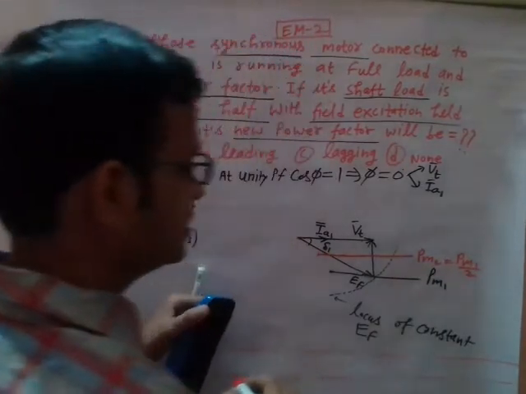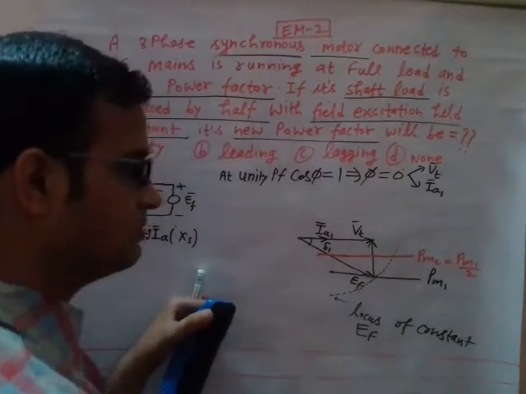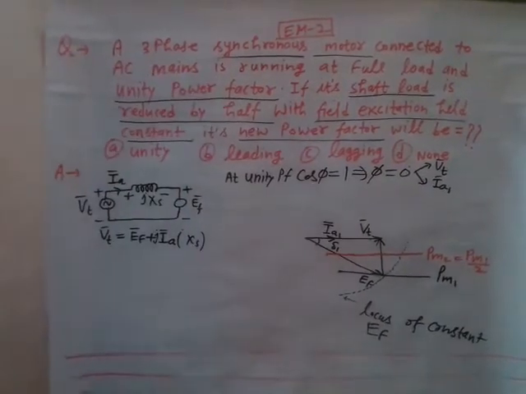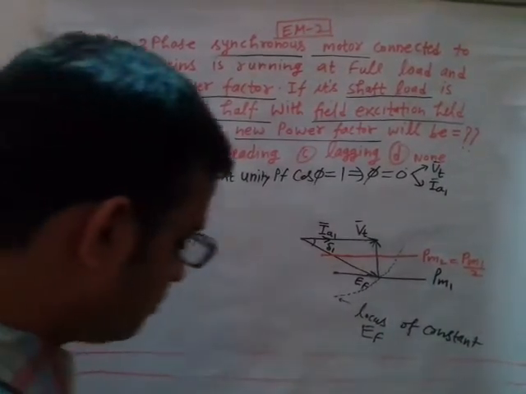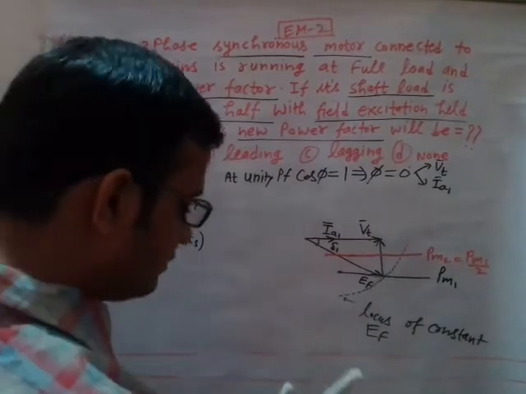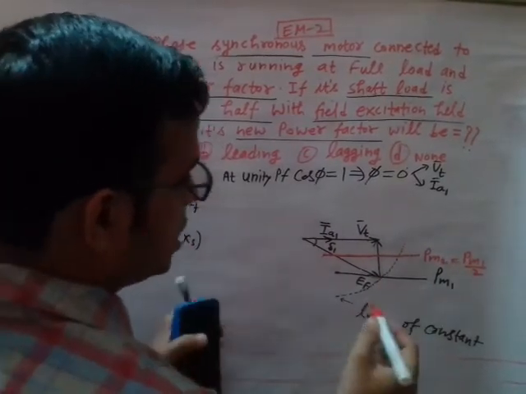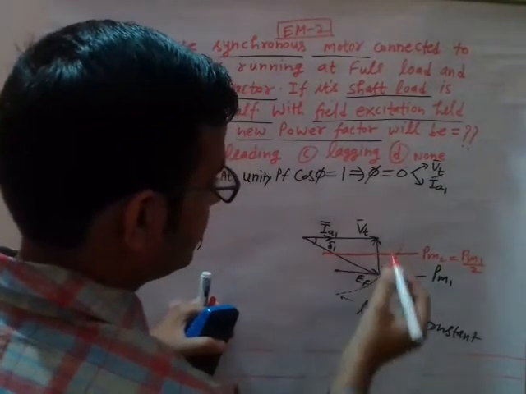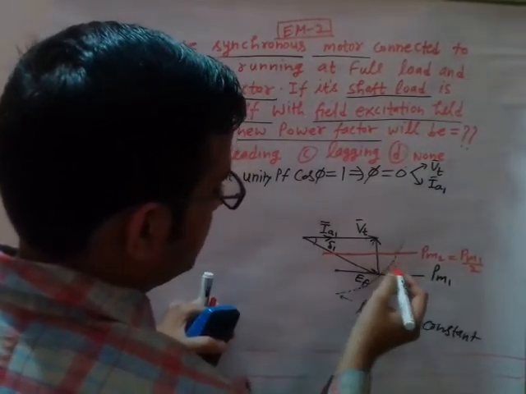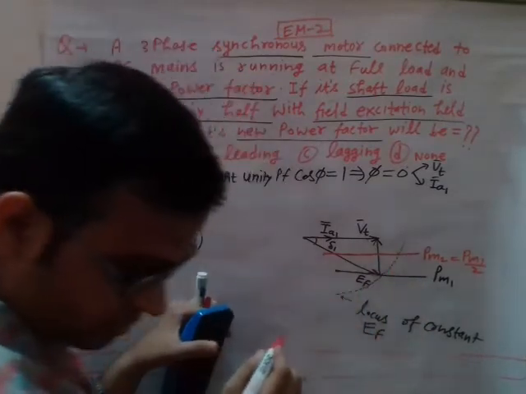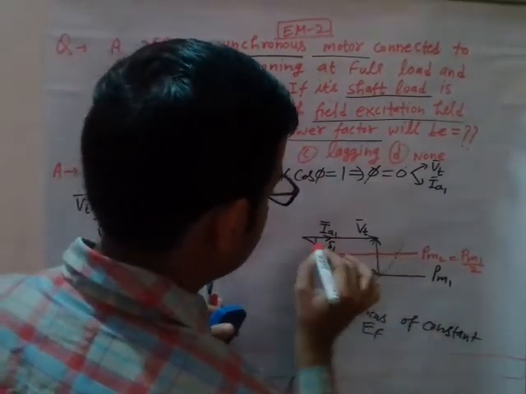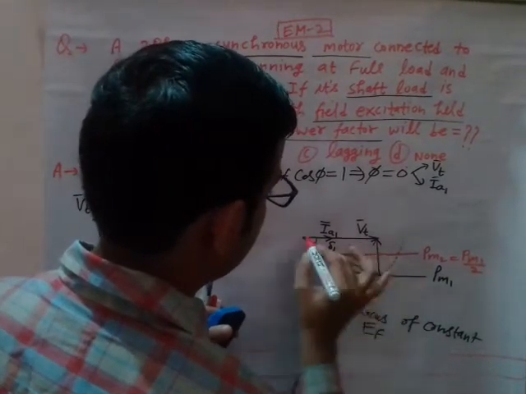In this case you have to find out the new operating power factor of the motor. So just have a look at it. Join this point and this point, so the excitation EMF would remain the same in this case also.